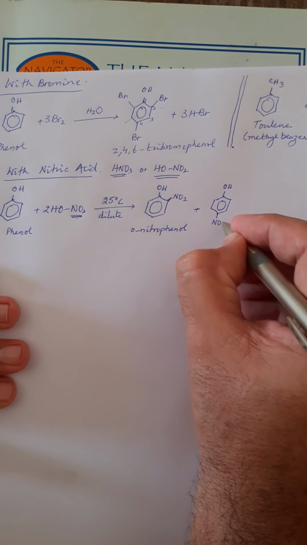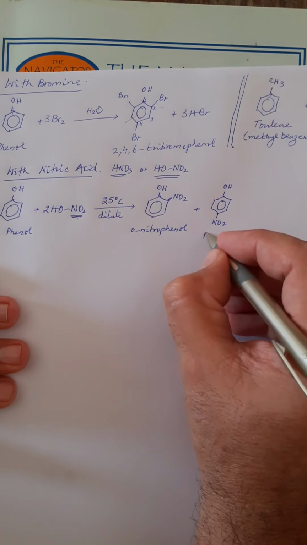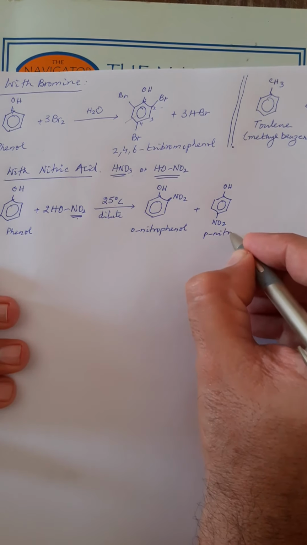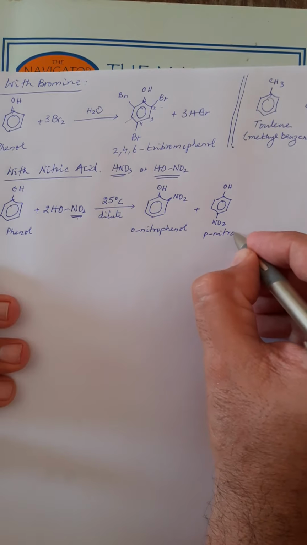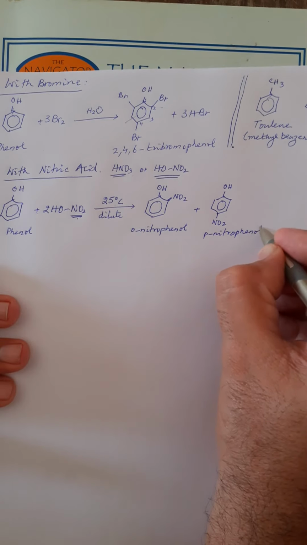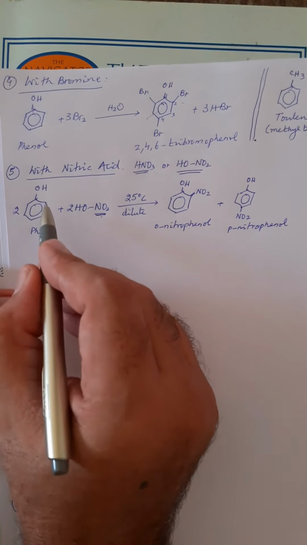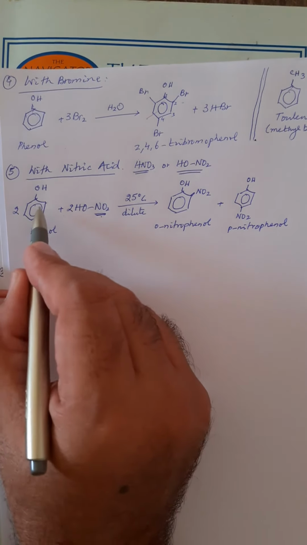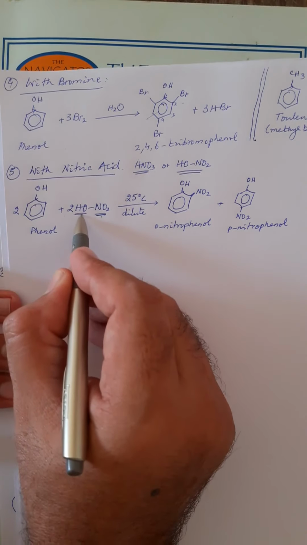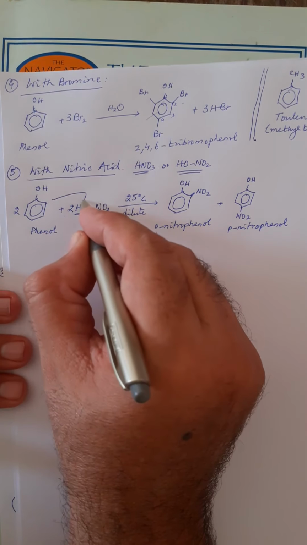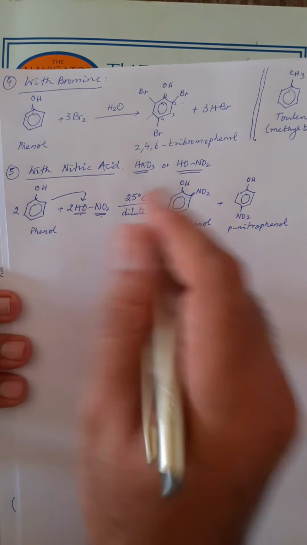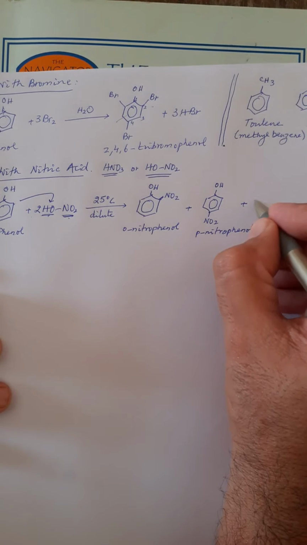Now this is called P-nitrophenol, para-nitrophenol. For the two products, we have taken two molecules here, two hydrogens. So the H and OH will make H2O, and for another, there will be two H2O as well.